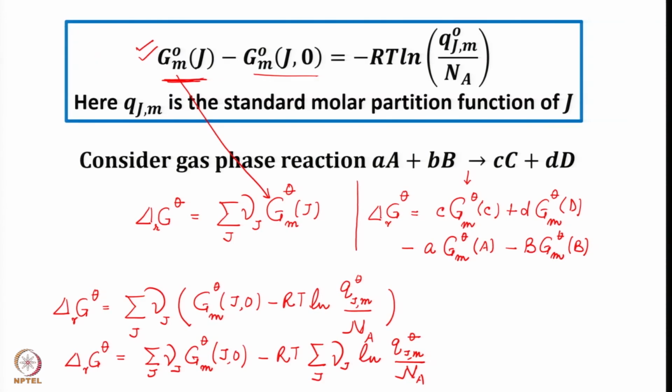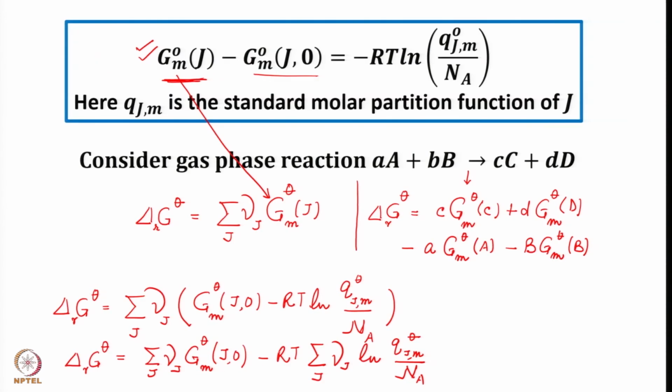So what we have is delta R G naught is equal to summation J nu J GM J0. This is my first expression from the previous equation.